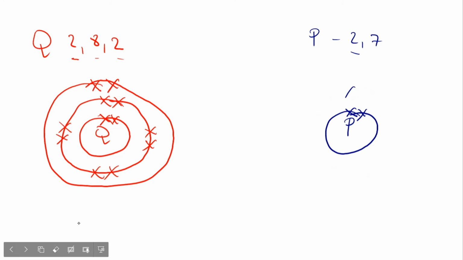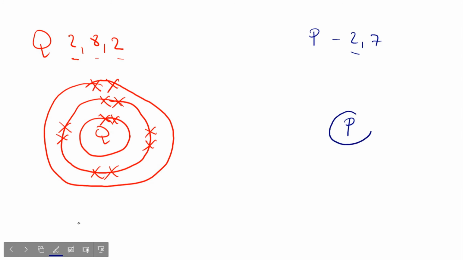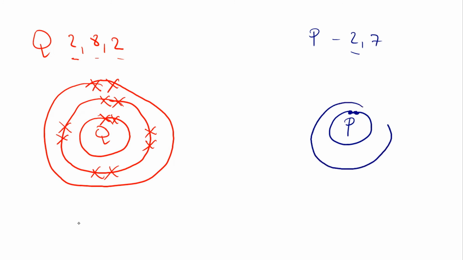Remember, it's a dot cross diagram, right? So we use the dots over here. That's 2. That's 1, 2, 3, 4, 5, 6, 7.